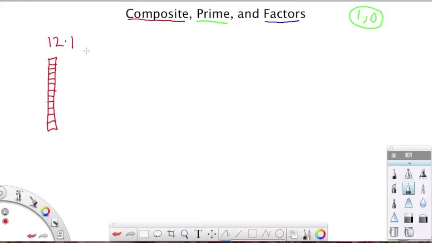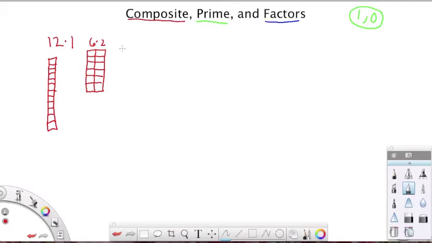We could also represent it in this way. Some of you already know what I'm doing. This is a 6 by 2, or 6 times 2 is 12. That's another dimension, or another pairing of factors to create 12.